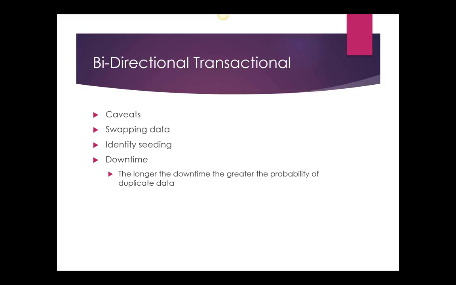Replication thinks everything's fine. The thing about bidirectional transactional replication is identity seeding is difficult. If I have a database which has been in use for, let's say, a couple of years, and then I want to take that database and add it to another server and configure bidirectional transactional replication, I can't easily take those existing identity tables and change the increment to 2.